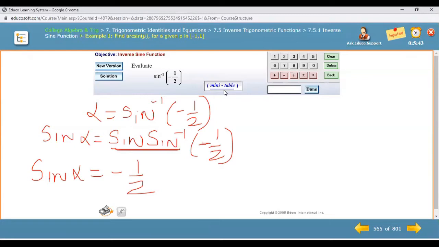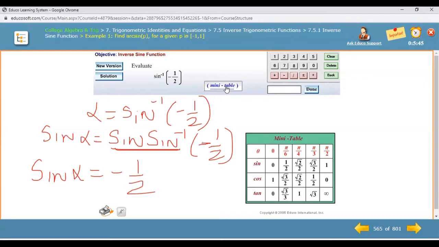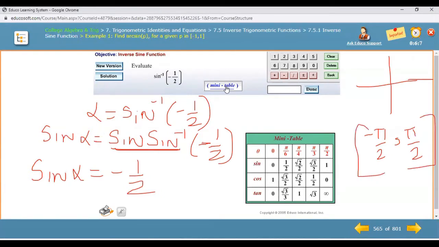Now sine alpha is negative. Please make sure of one thing: whenever we are dealing with sine inverse, the range will be from negative 90 to positive 90. That means the value has to be here.